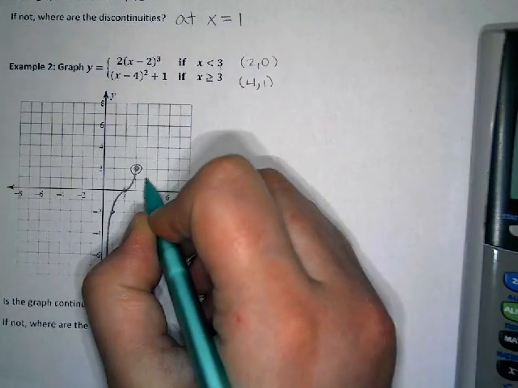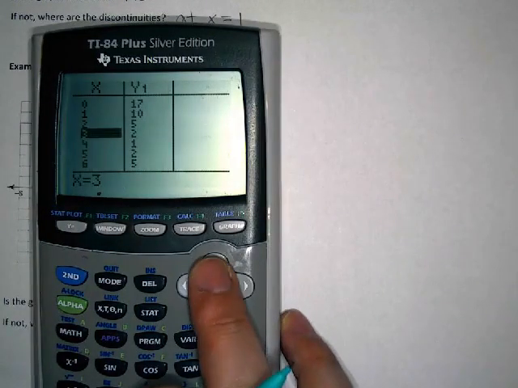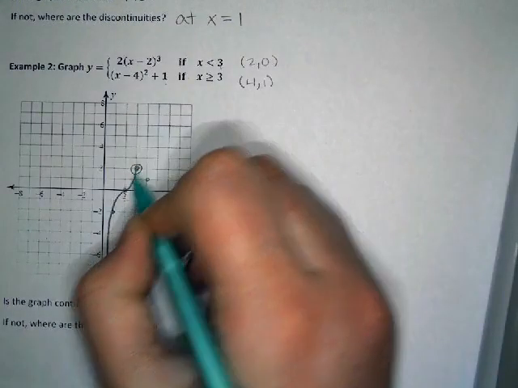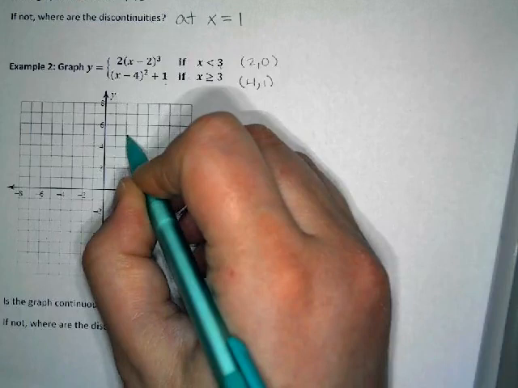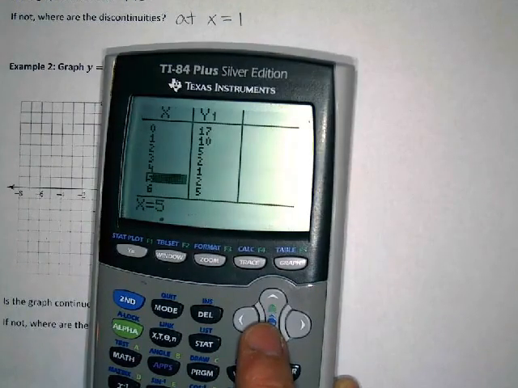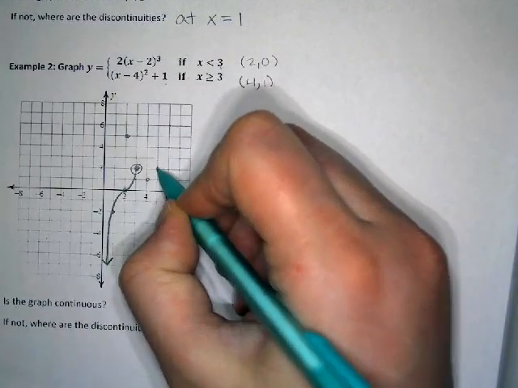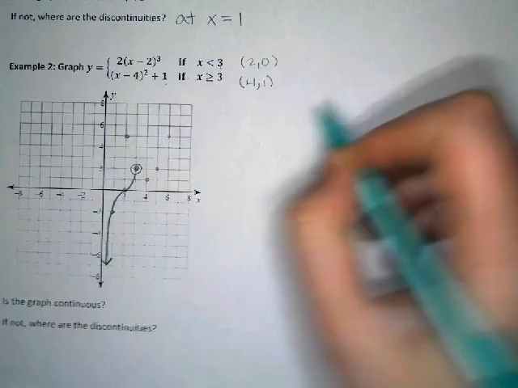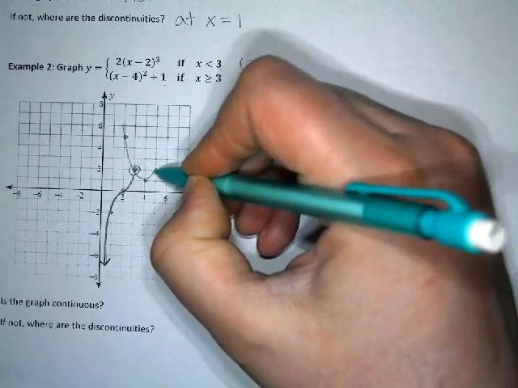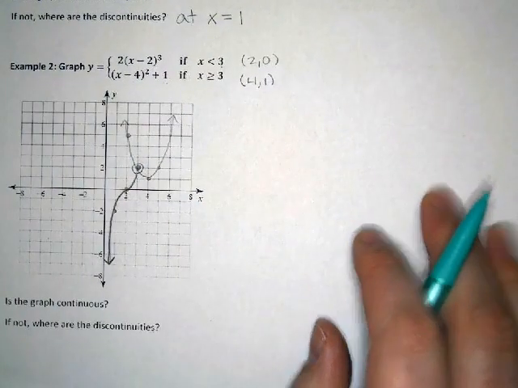So we've got 3, 2; 2, 5; over 3 up 2, over 2 up 5; 5, 2; 6, 5. Okay, so there's our U-shaped graph, and it actually goes right through that point that we just had.